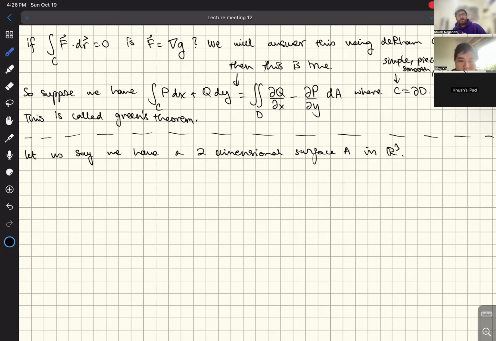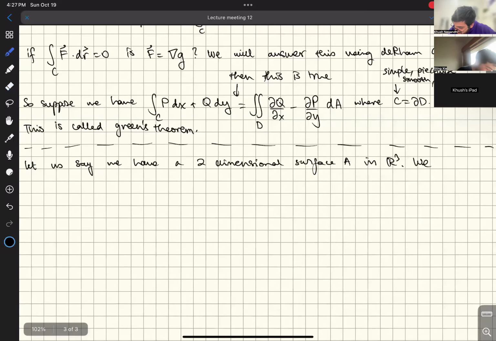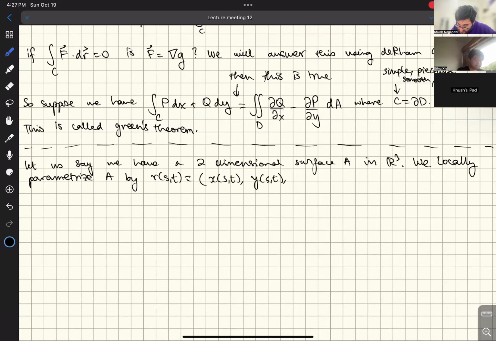What I mean by this is (x, y, z) is in A if and only if, we can locally parameterize A by r(s, t) equals (x(s, t), y(s, t), z(s, t)).